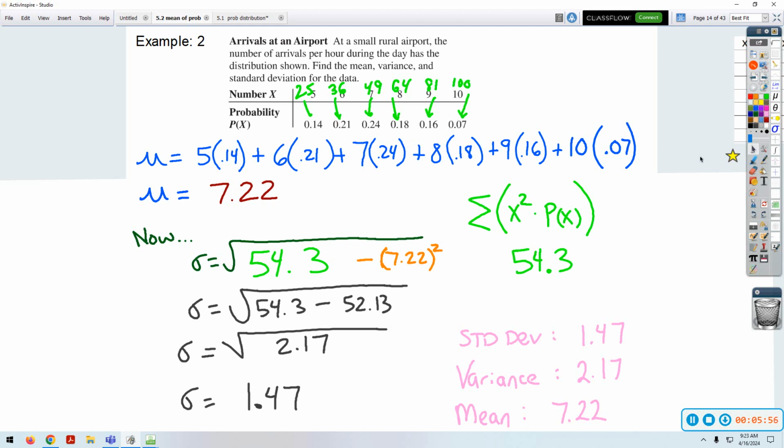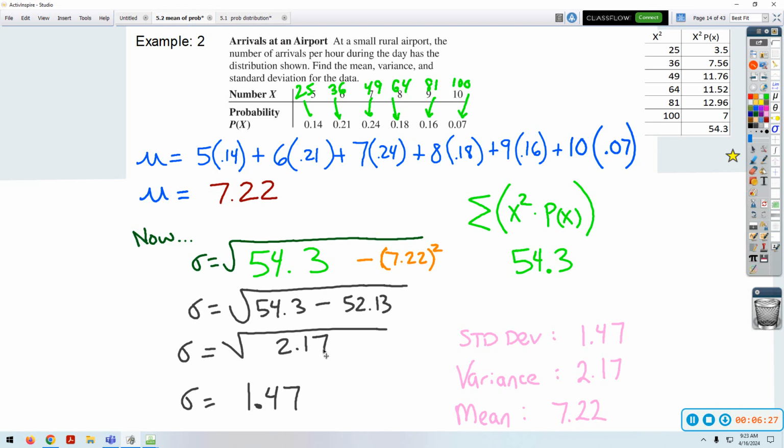And if you want to see what those numbers look like, I'll show you. 25 times 0.14 is 3.5. 36 times 0.21 is 7.56, and so on. And when you add them all together, you get 54.3. I did that with just a little Excel program. Now, plug that 54.3 back in, minus the 7.22, which is my average, my mean, squared, and then figure that out with the calculator.